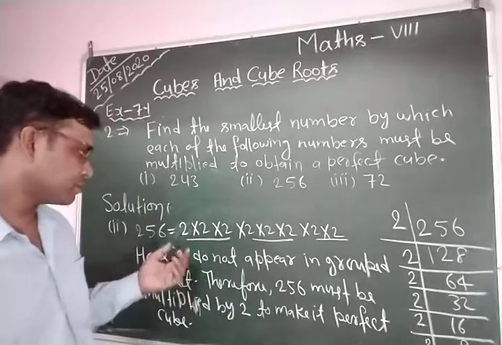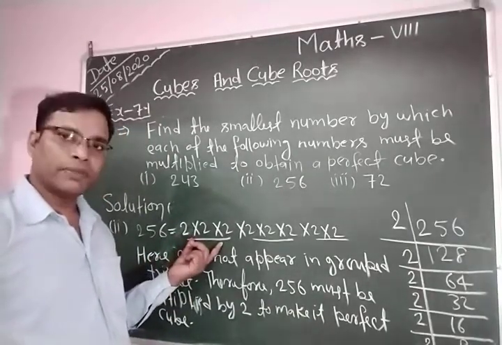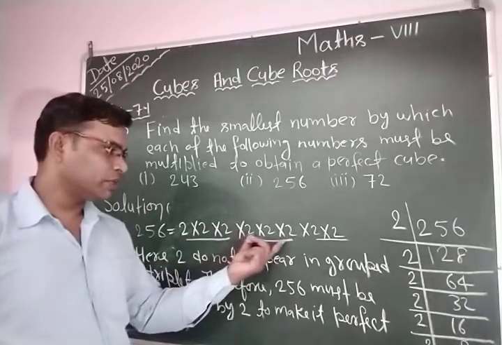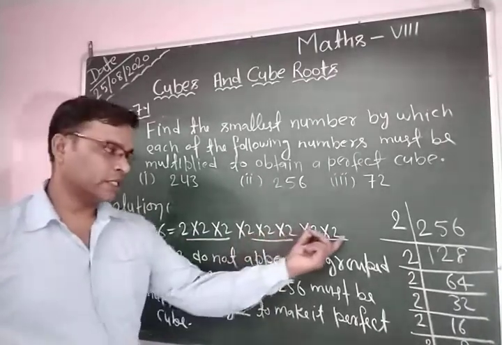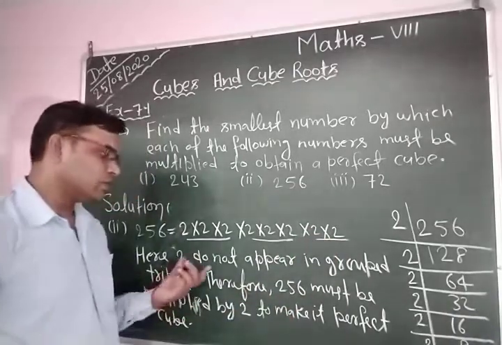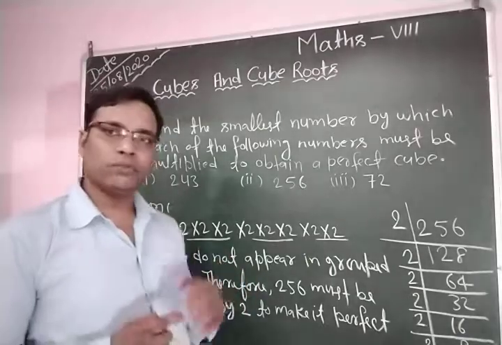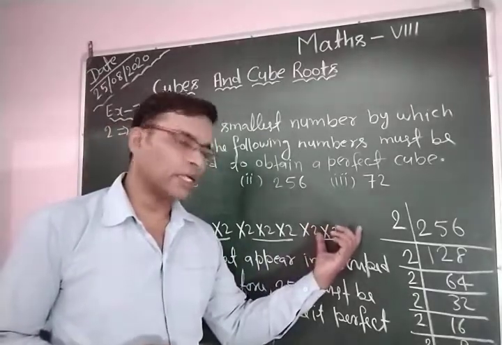So here you can see this is a group triplet of 2, this is also a group triplet of 2, but this is not a group triplet of 2. So you can write here that 2 does not appear in a group triplet. It means that we need to make it a group triplet. How do we make it?